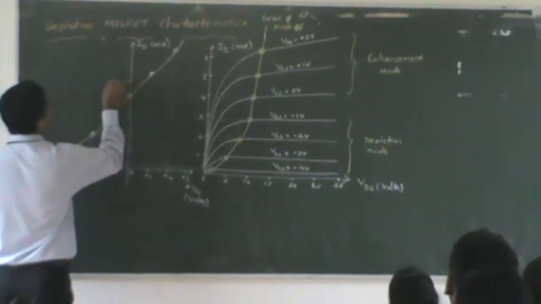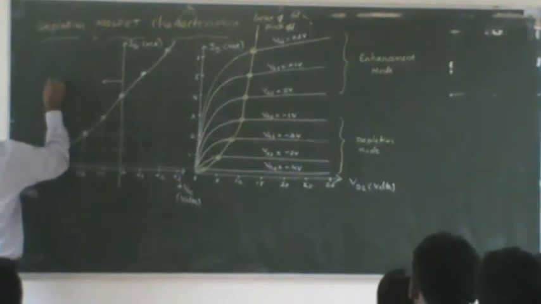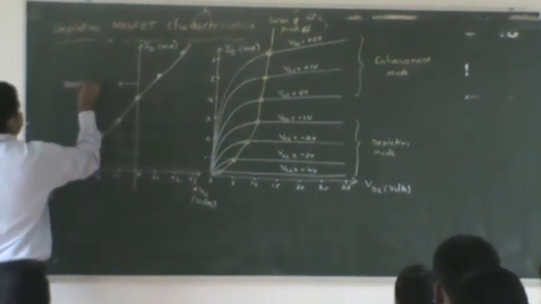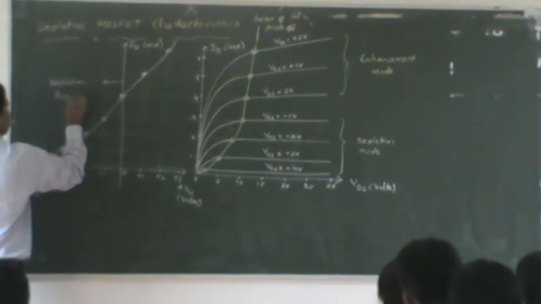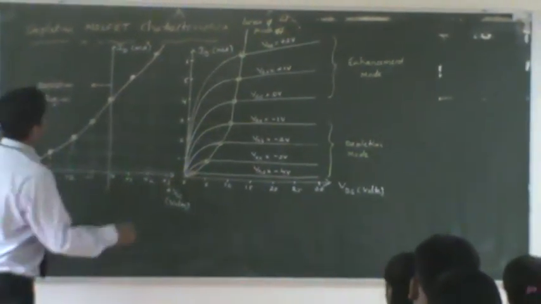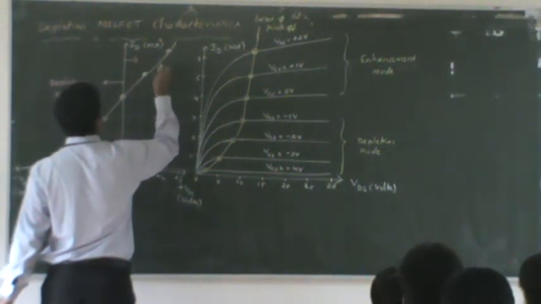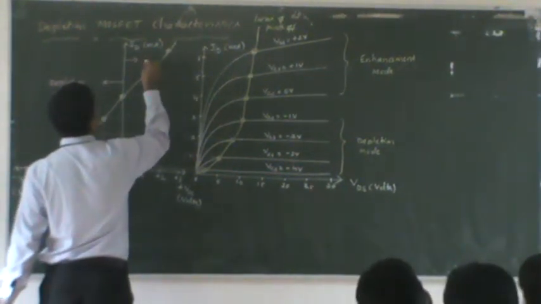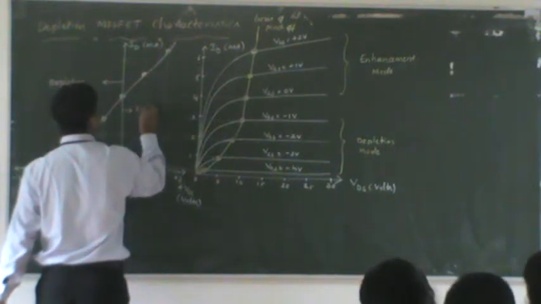The region on the left-hand side of the transfer curve is called the depletion region, and the region towards the right-hand side of the transfer curve is called the enhancement region.